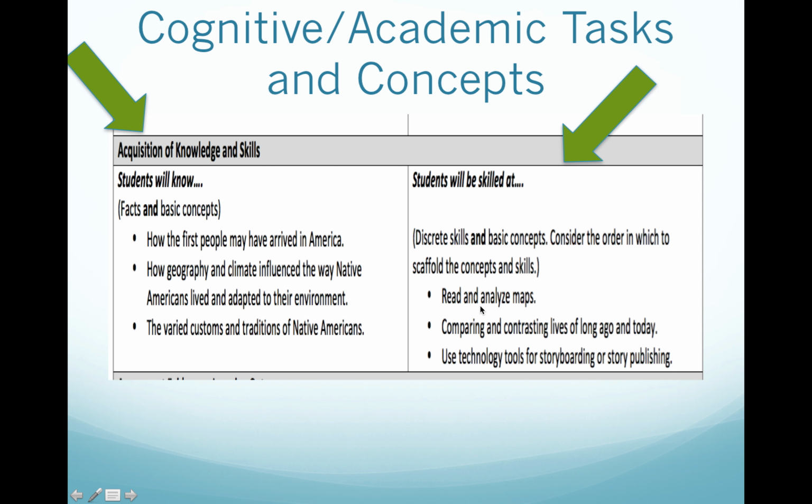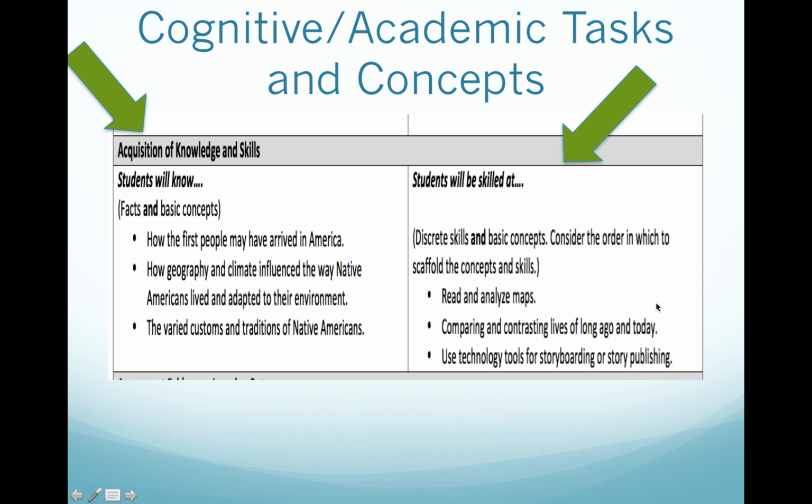How are they going to show us? This section actually becomes the focus of what we're doing during designated ELD time, because we're deciding what language skills the students are going to need to be able to compare and contrast lives of long ago and today. This is the main skill.